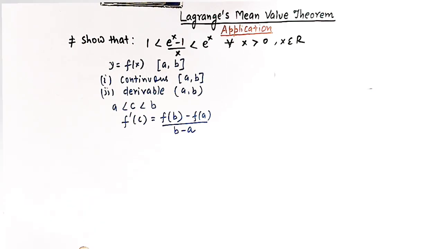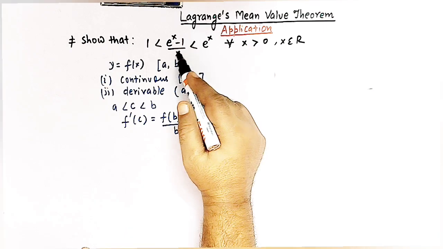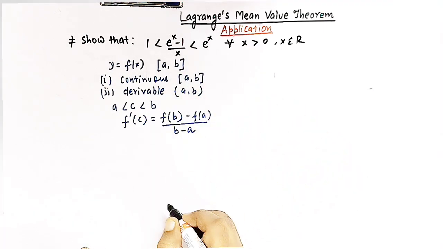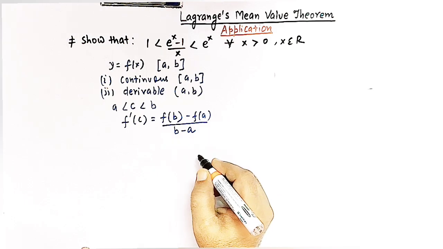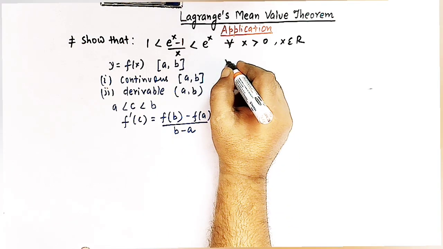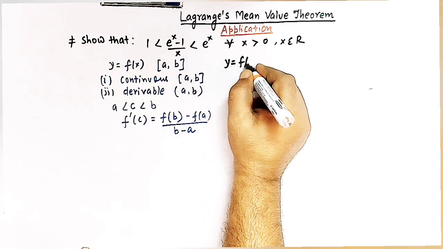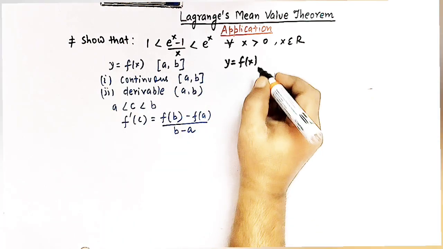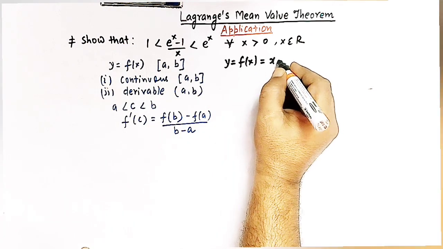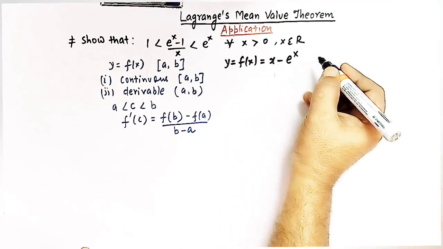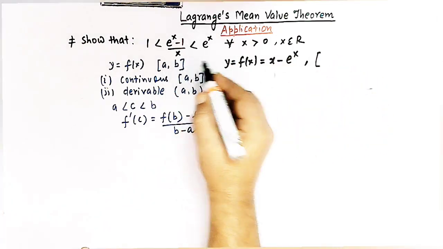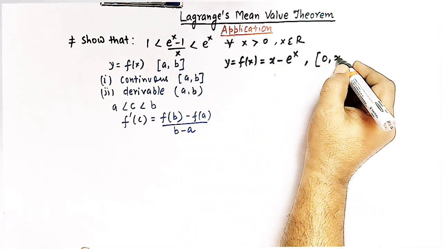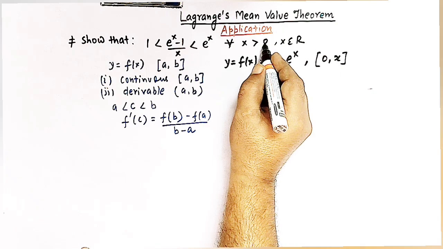Now the first step in proving this inequality is to construct an appropriate function. Let us take the function y is equal to f of x, which is x minus e raised to x, and here we'll take the interval 0 comma x, where x is greater than 0.